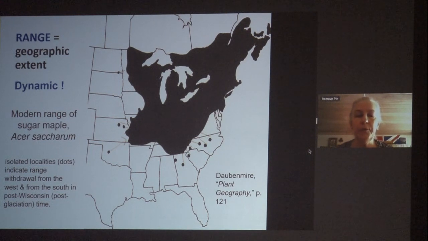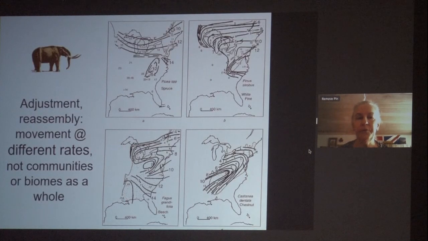Here is a plot of sugar maple, for example, and you can see the current extent shown in dark, but you note the little black dots, those are outlying populations, and they're like the last remnants in each location, outlining the much broader range for this taxon that existed in the past.